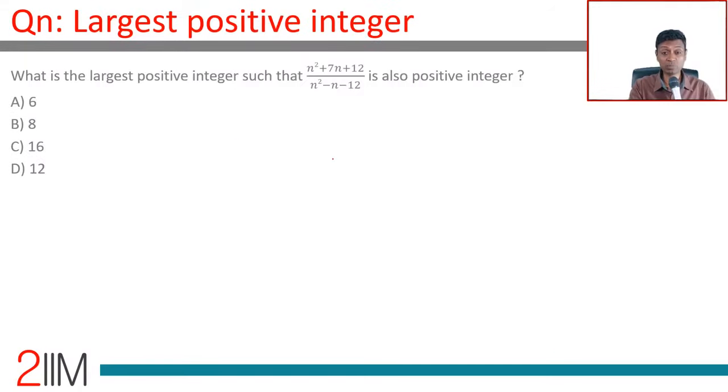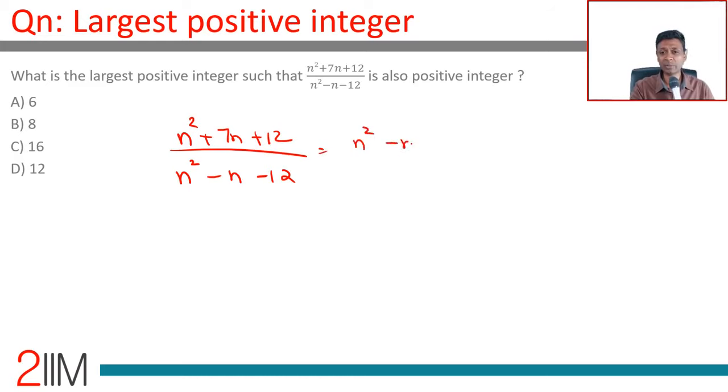What is the largest positive integer n such that (n square plus 7n plus 12) by (n square minus n minus 12) is also a positive integer? It's a delightful question. Anytime you have a quadratic by a quadratic, don't deal with two quadratics, deal with one. How so?